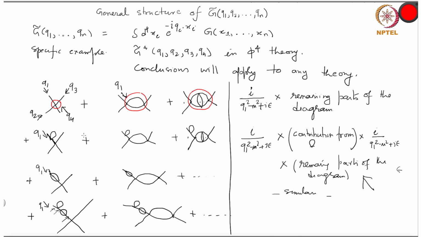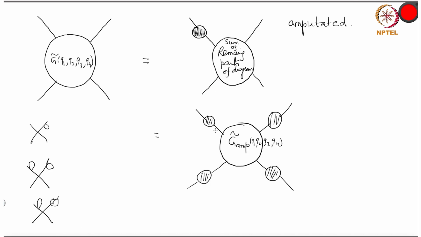So how do we understand this? You see here, G tilde amp, the way we have arranged everything, it does not contain any line which upon cutting will give you an external point removed from the diagram.